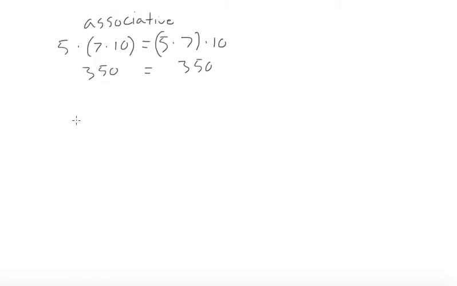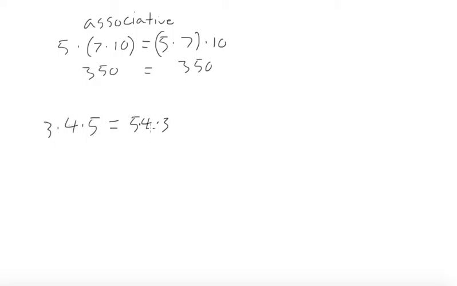And now let's talk about the commutative property. Let's look at numbers such as 3 times 4 times 5, and that's the same as 5 times 4 times 3.